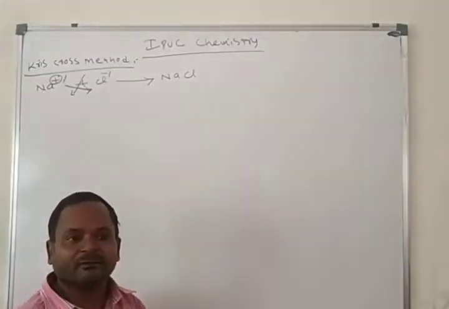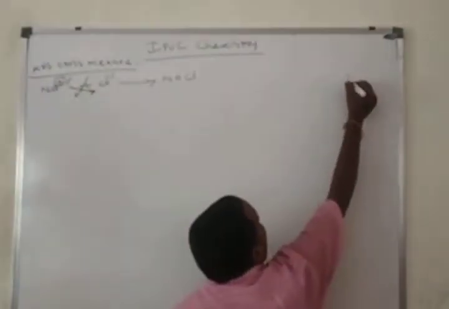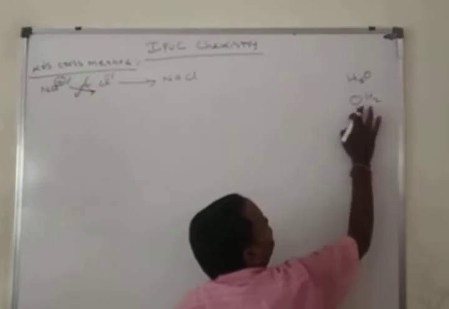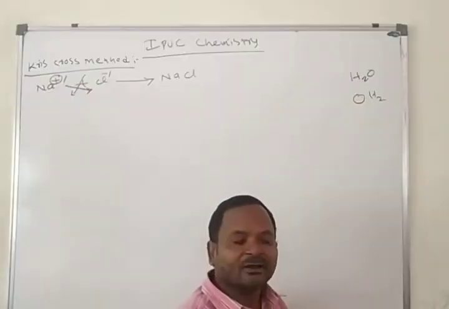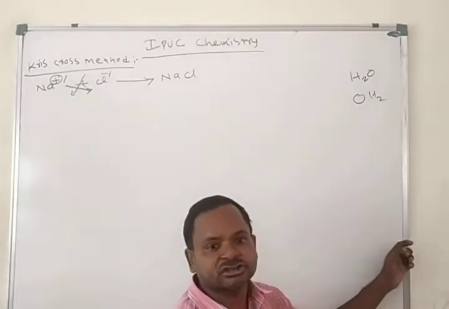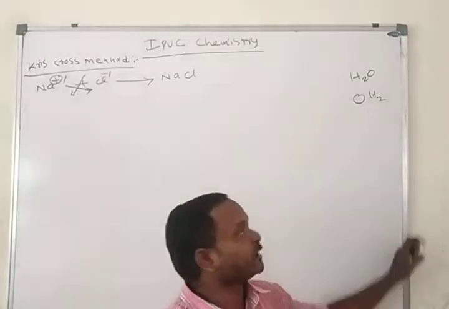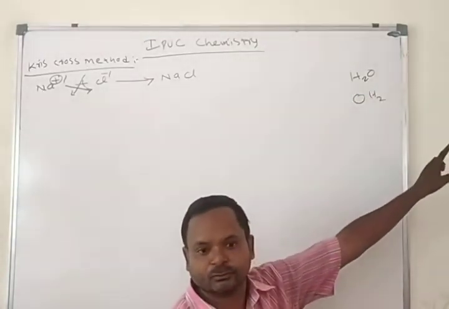And always, what is the formula of water? H2O. Why not OH2? Always the negative charge should be present on the right side according to the IUPAC system. That's why we write H2O, not OH2.